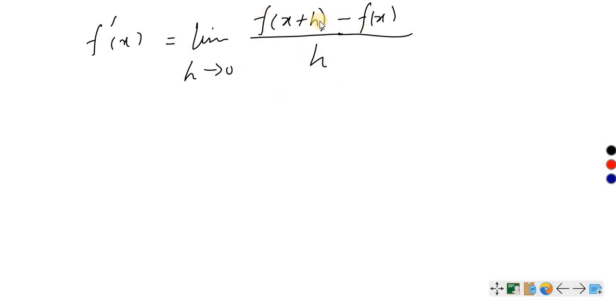This can also be represented by this. Let us try to understand this form of the derivative of the function. So let me draw the graph again.